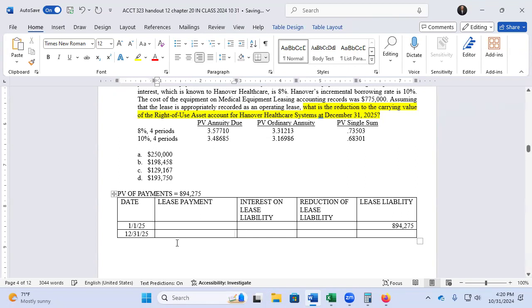And then we have the lease payment, 250,000. And it says that we know that their rate is 8%. So here we multiply the 894,275 by 8%.